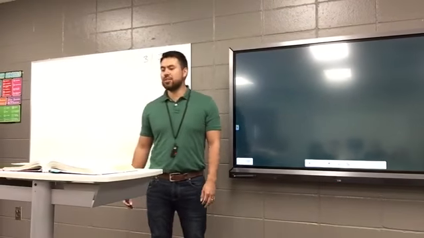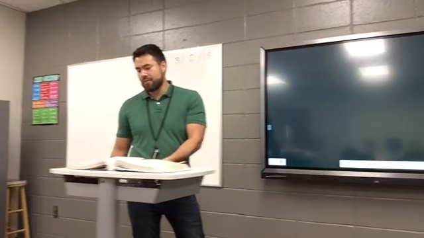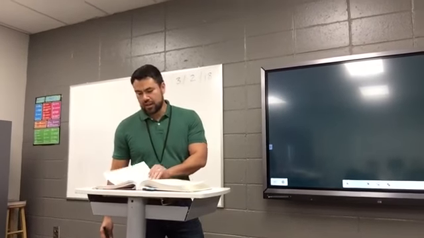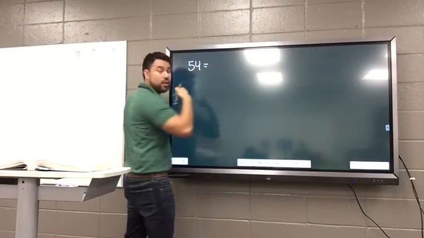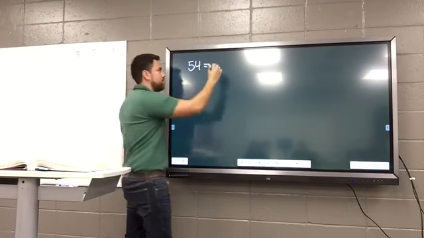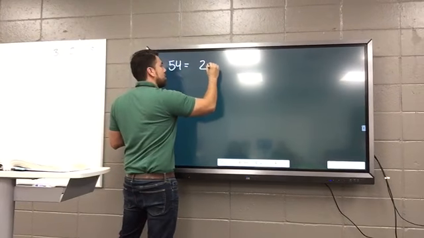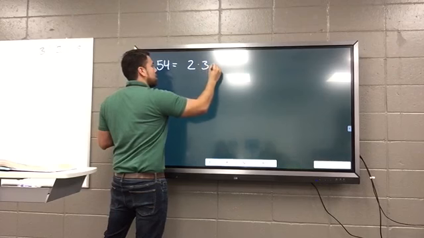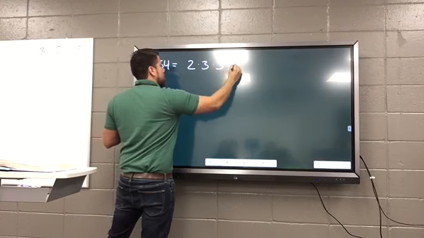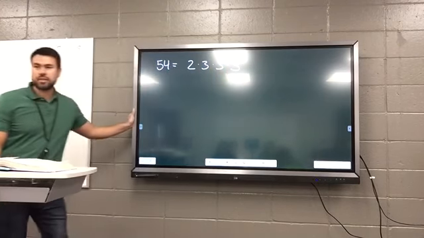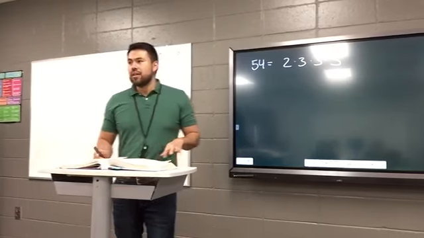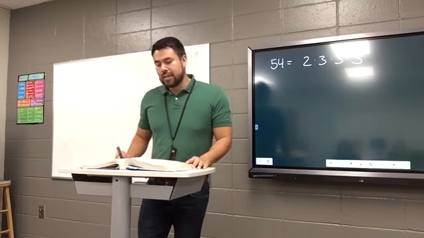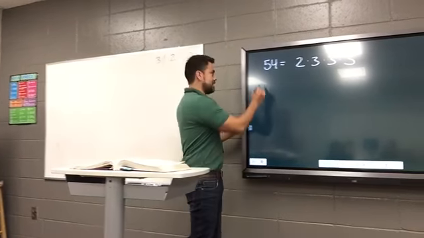Okay, Lucy, can you give me the prime factorization of 54, please? Please give it to me in order. 2 times 3 times 3, times 3. Okay. Rosalind, give me the prime factorization of 63.